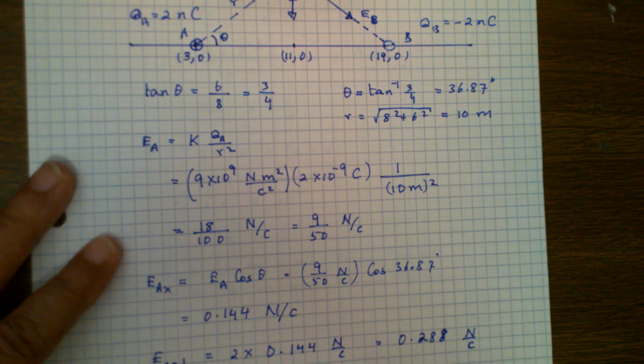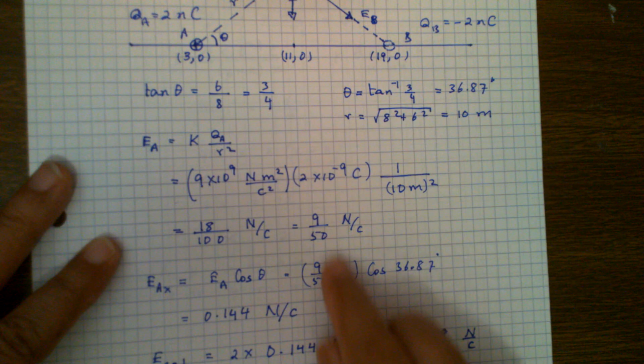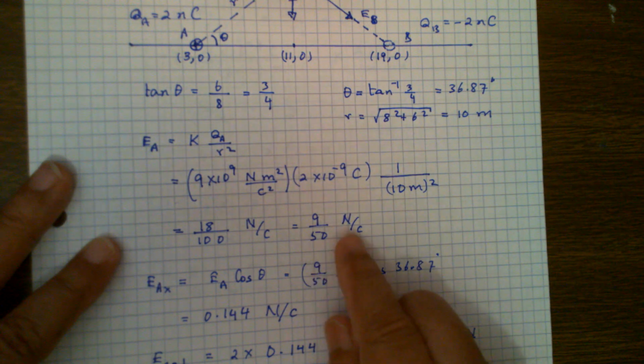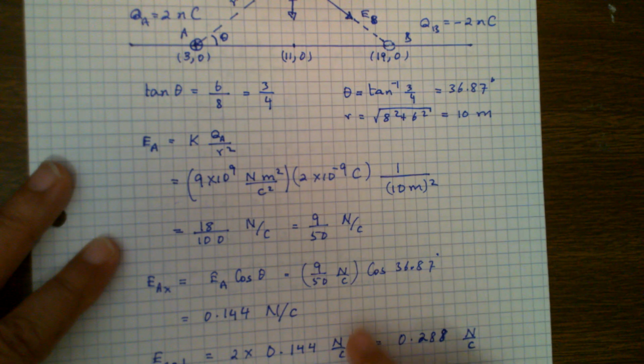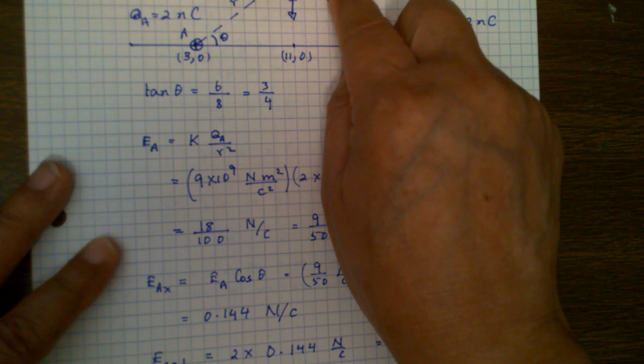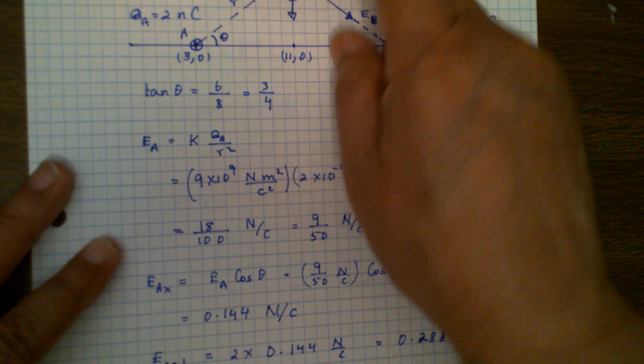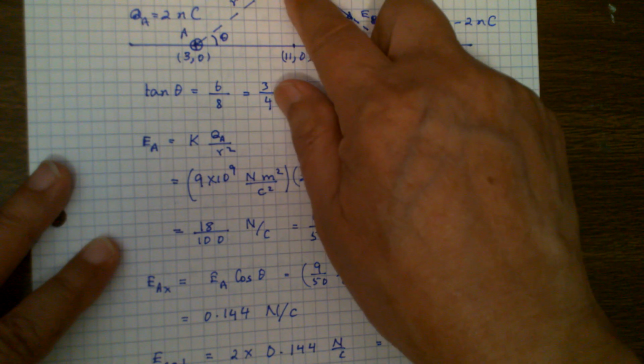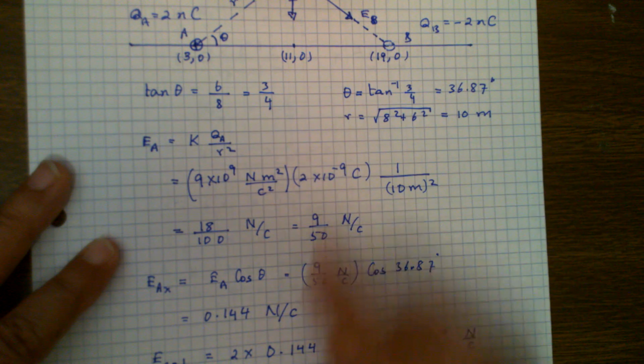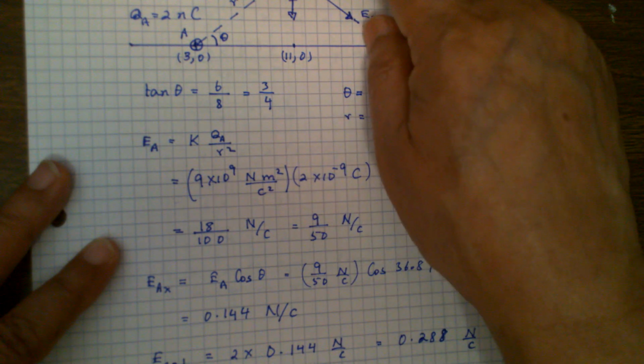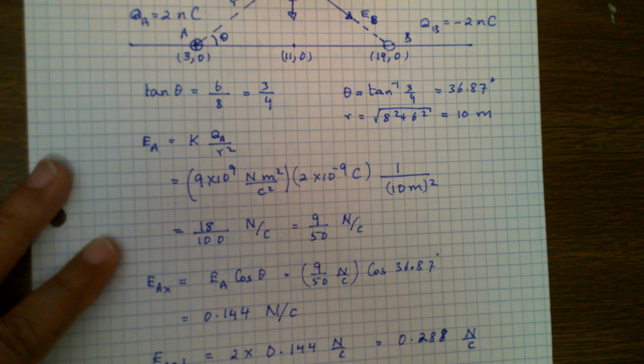I work it out. I get EA is equal to 9 by 50 newtons per coulomb. Now I need to find the x component, because the y component will cancel out. The x component is obviously EA cosine theta.